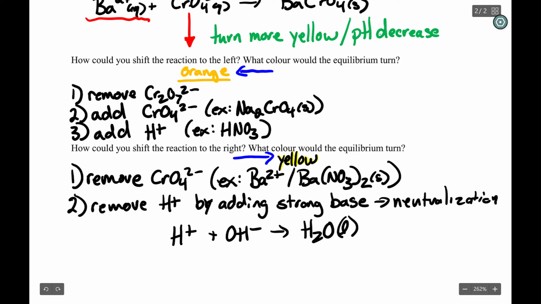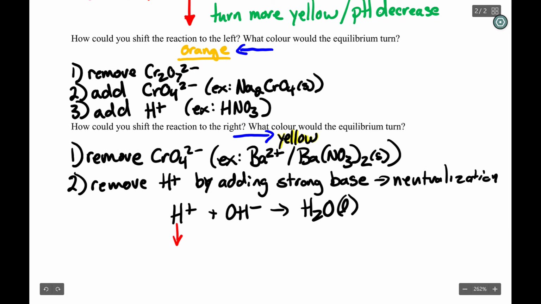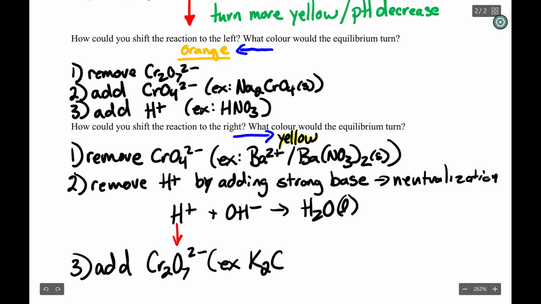That would decrease the concentration of H+, causing a shift to the right. Lastly, I could add reactant. So I could add Cr2O7 2-. For example, potassium dichromate, which is 100% soluble, could be used. And that would cause the reactants to go up, which causes a shift to the right.